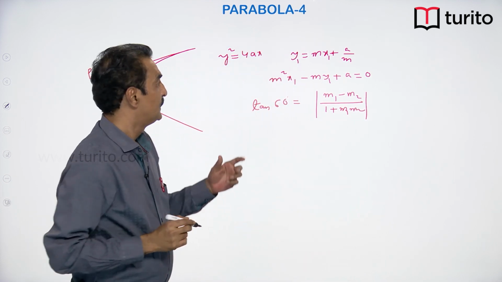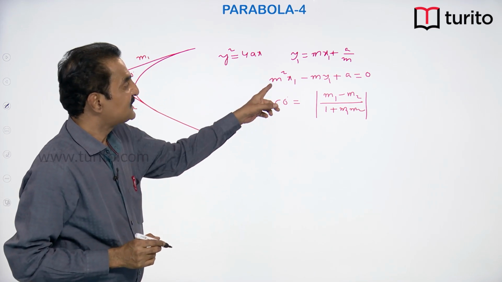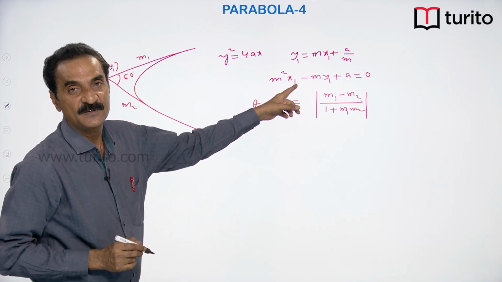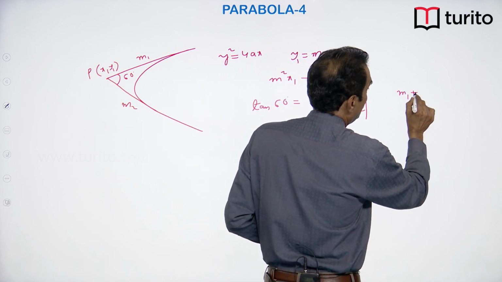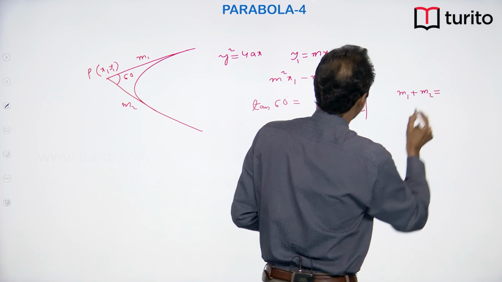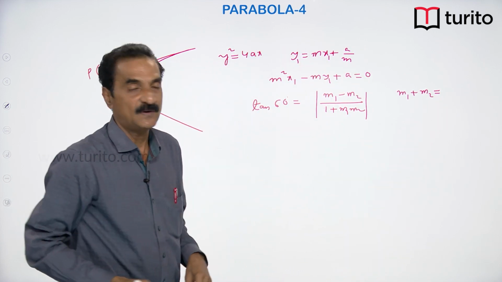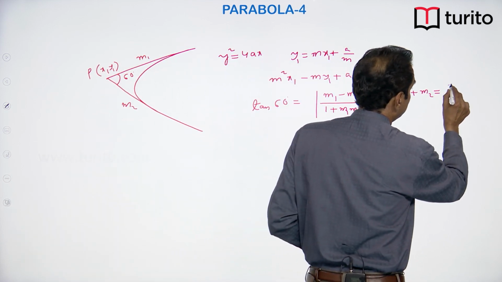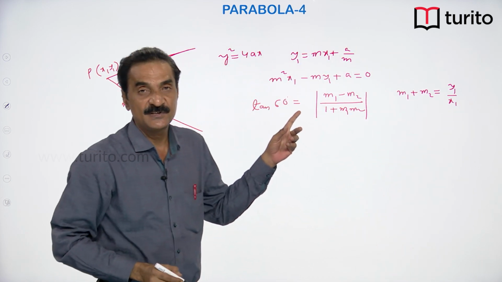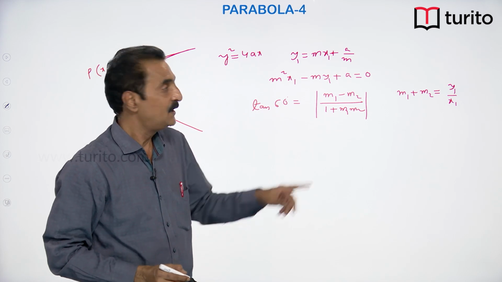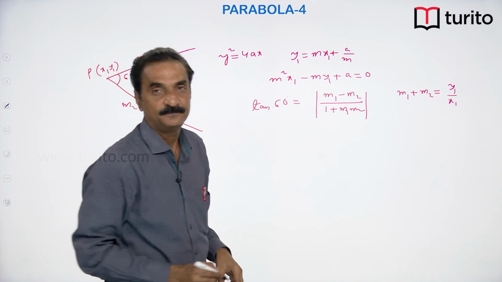Now, m1 plus m2 is sum of the roots of this quadratic equation. m1 plus m2 is y1 by x1 and product of the roots m1 m2 is equal to a by x1.